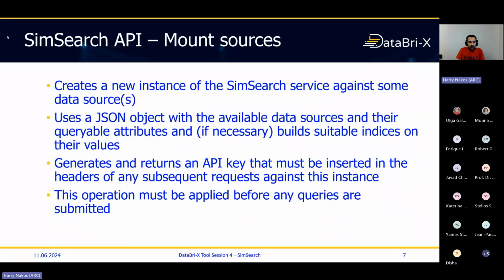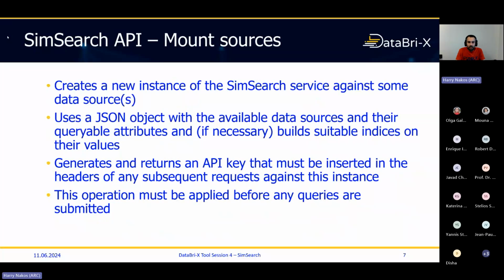So to go into detail about each API, the mount sources API call will create a new instance of the SimSearch service against one or more data sources. A JSON object is sent containing the data sources to be used and the attributes to use. And the suitable indices will be built for anything that is ingested.